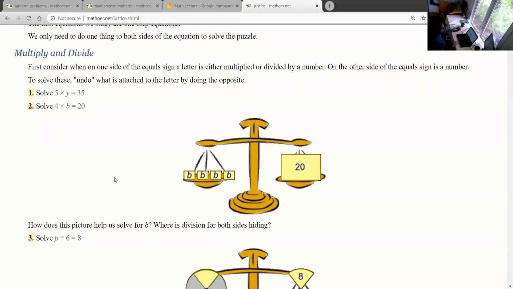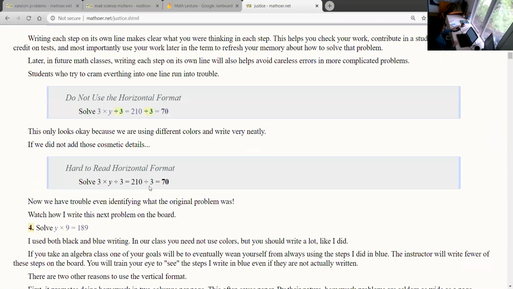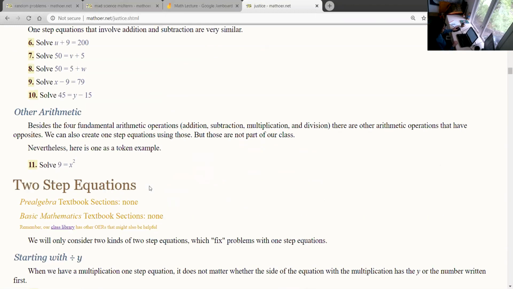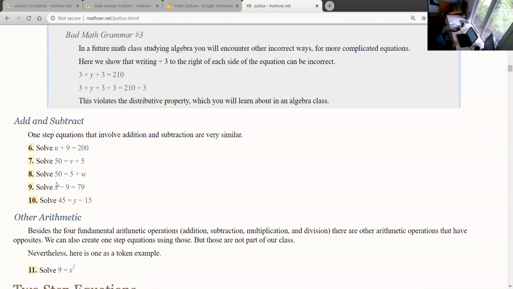You've seen this before. And we'll talk about balance scales and doing the same thing to both sides of the equation. And we'll talk about how to write it nicely. And then we'll do some of these solving equations, which probably look familiar to you. Not necessarily, but most Math 20 students arrive at Math 20 having seen this kind of thing before.